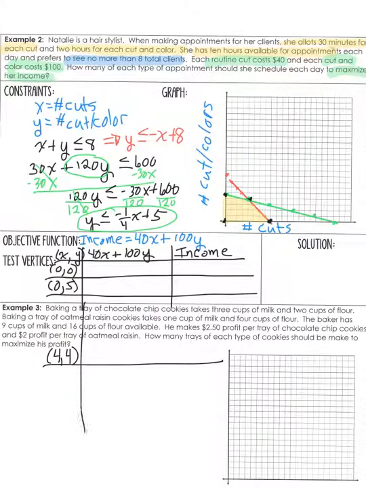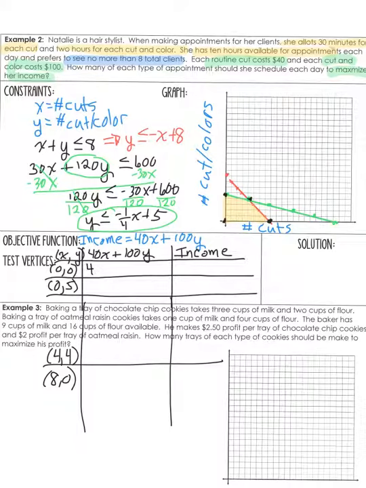And then our last vertex is here, and it should be at 8, right? 8, 0, and that makes sense. So let's put 8, 0. Okay.